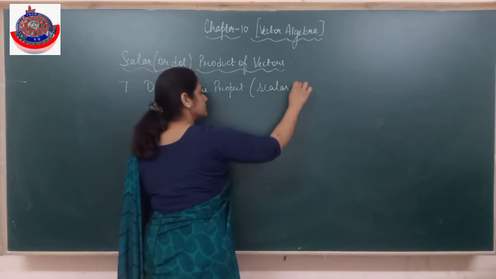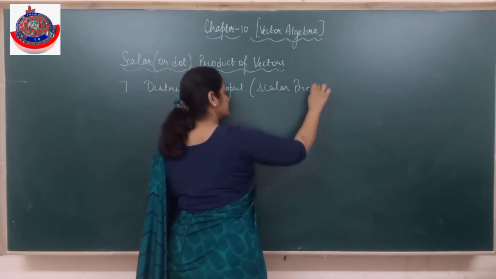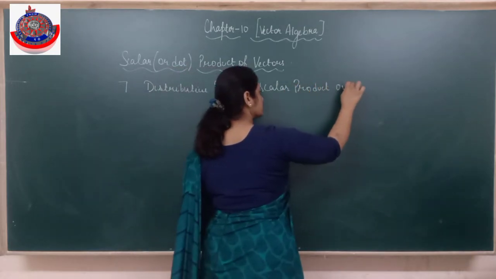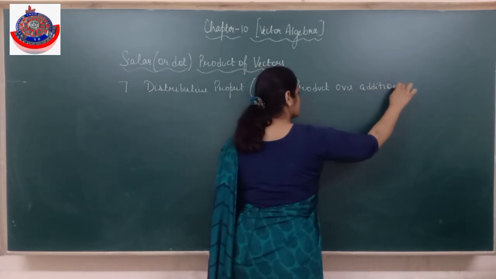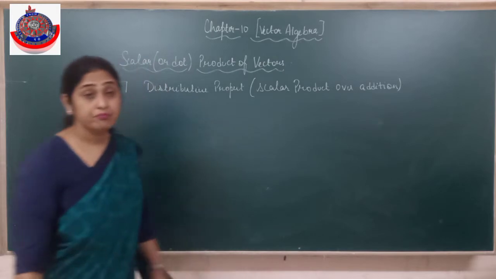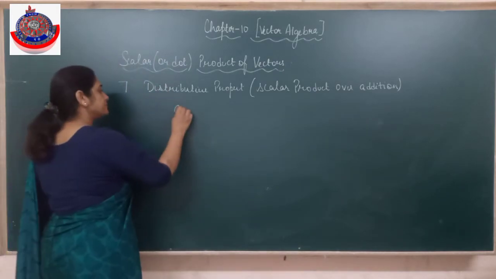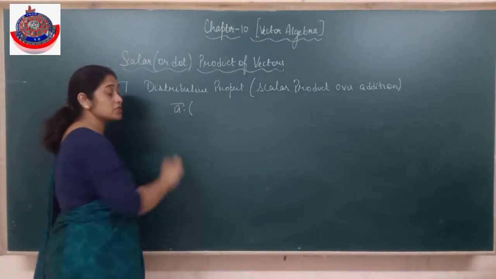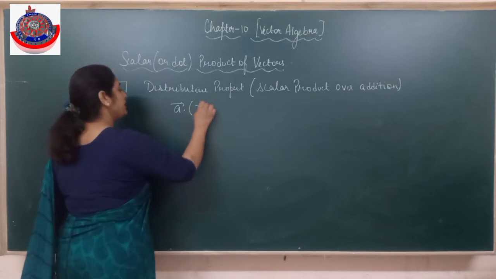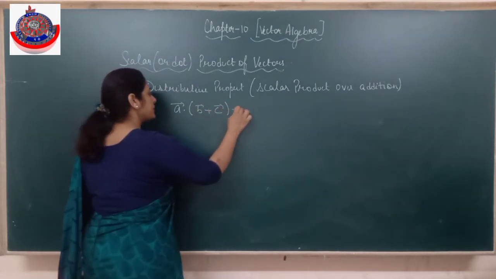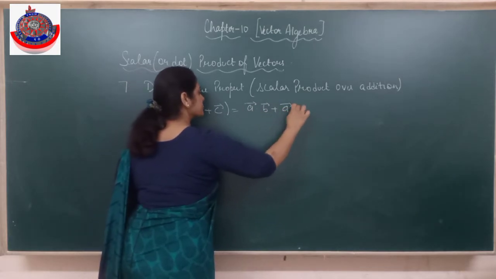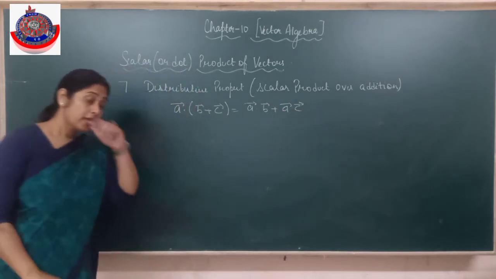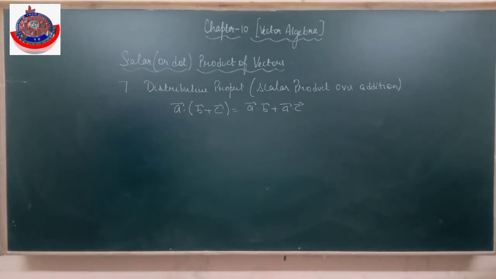If I want to take a vector dot (b vector plus c vector), this is simply equal to a vector dot b vector plus a vector dot c vector.